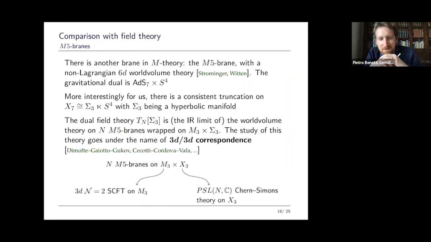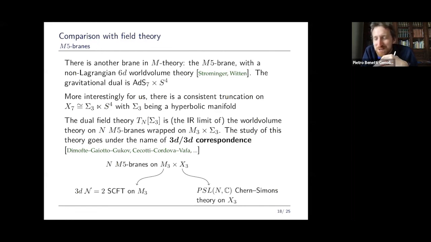So I told you, these are the CFT that appear at the IR limit of wrapped M5 branes on sigma 3. This is the same as saying that it's the IR limit of taking a 6-dimensional superconformal field theory and compactifying on sigma 3.